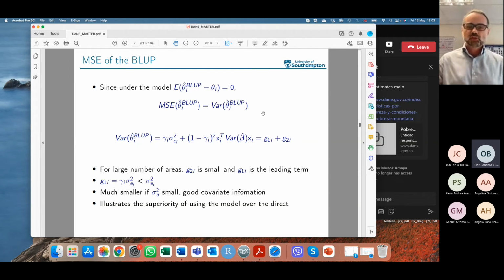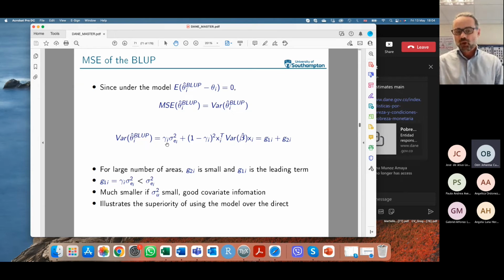The mean squared error of the BLUP is equal to the variance of the BLUP, because under the model the expectation of theta hat i BLUP minus theta i, the true parameter, is equal to 0. The variance of the BLUP depends on two things.